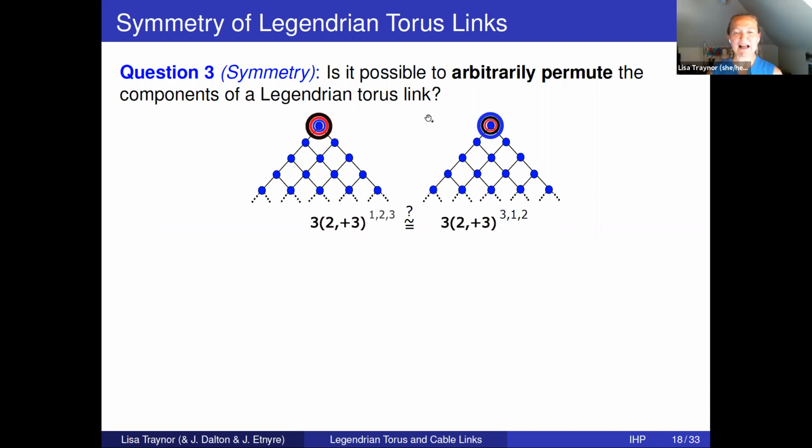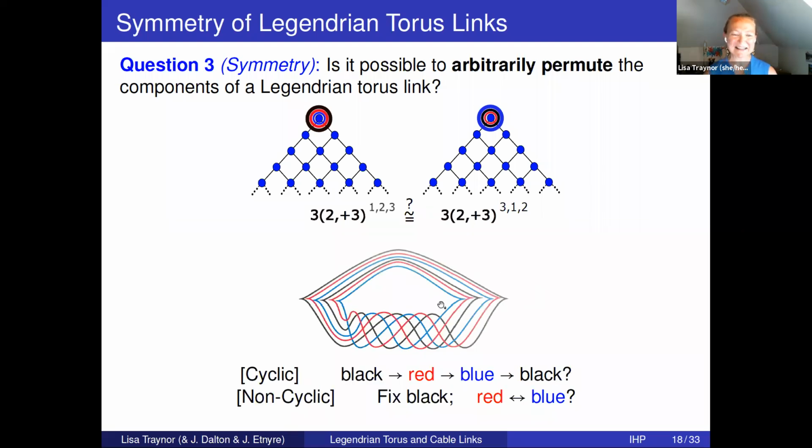So for example, here I'll just look at a 3 copy where each component is a positive trefoil. So this is a 6, 9 torus link. And you can ask, well, can I do a cyclic permutation? Can I do 1, 2, 3 going to 3, 1, 2? What's really interesting is to break it down between cyclic and non-cyclic permutations. Here I've drawn a front projection.